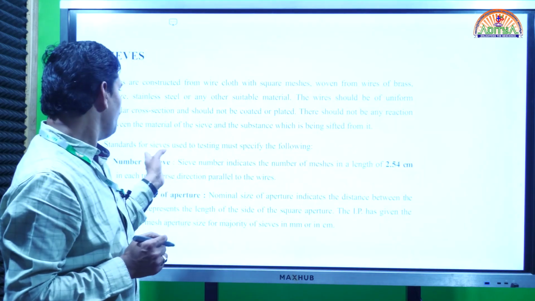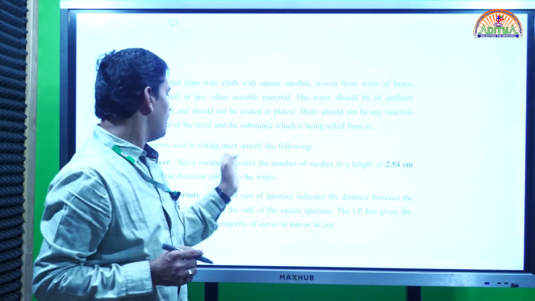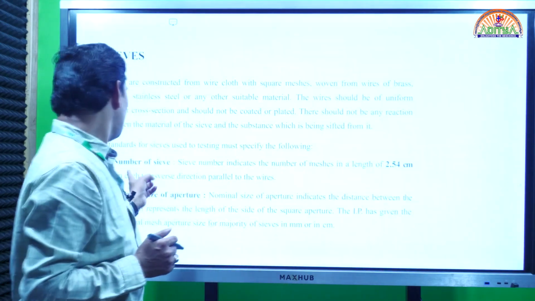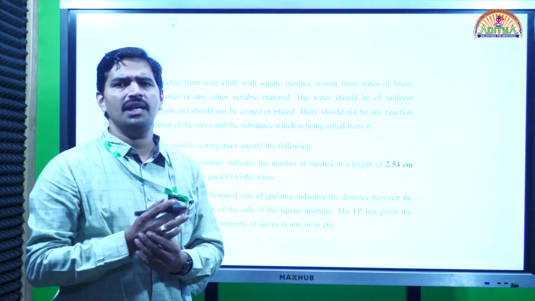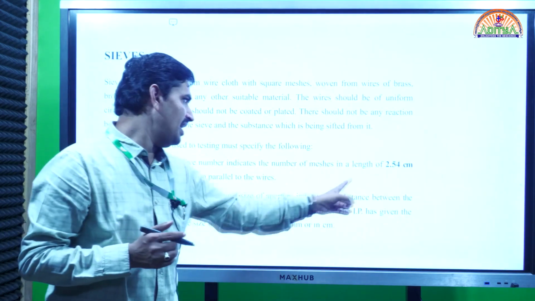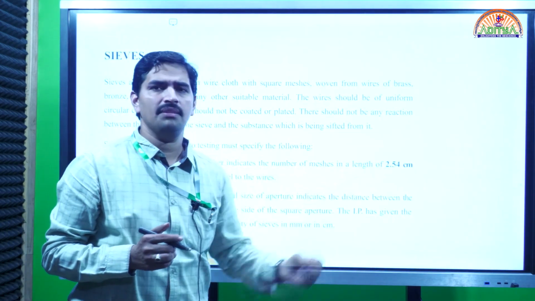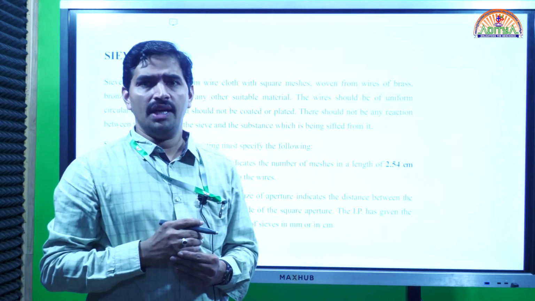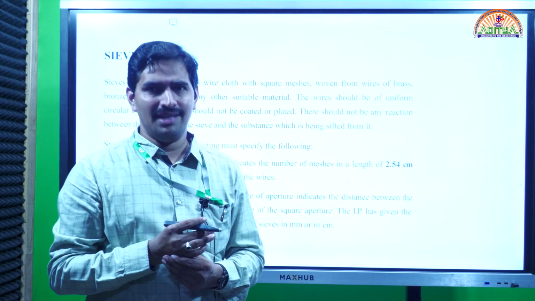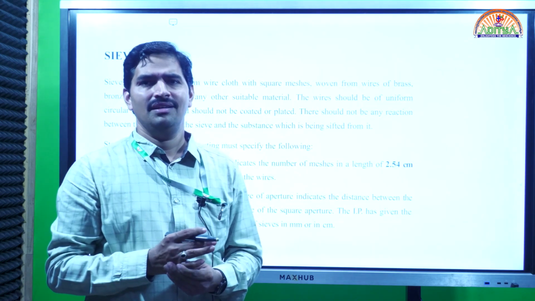Coming to the different specifications about the sieves. Coming to the first one, number of sieve. What do you mean by number of sieve? If you consider a length of 2.54 centimeters on a sieve, how many openings are there in that length? That is called the sieve number.